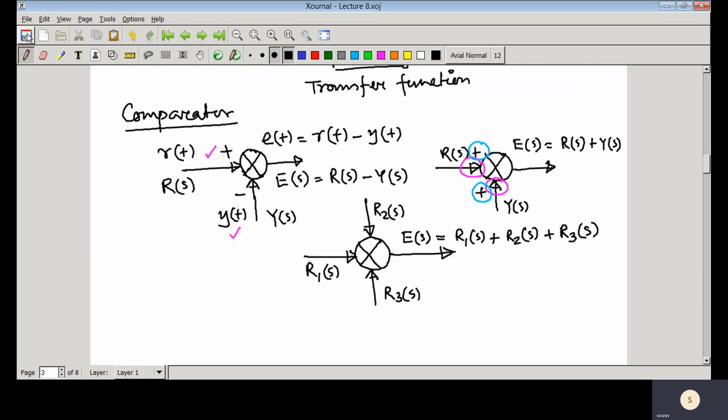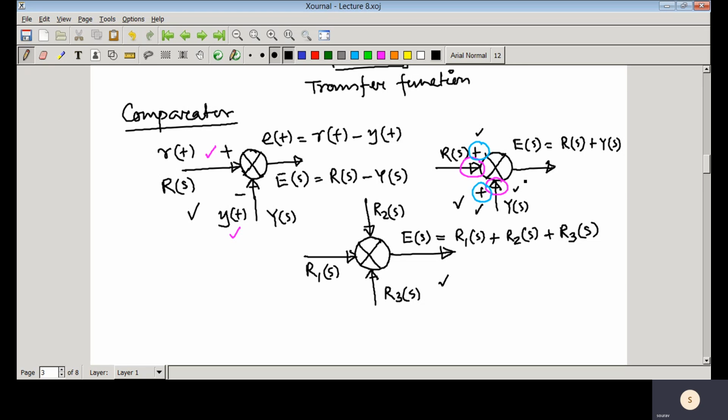That means you can take, say, positive, so in this case if you think this is a part of the feedback, you can see that this is a positive feedback type, and here this is a negative feedback type, and here you have considered three signals. And you should not forget, whenever you represent a block diagram and one comparator is involved, of course you should not forget to mention this plus or minus sign, and also you should put the arrowhead.